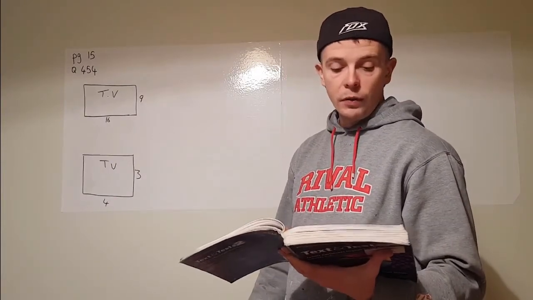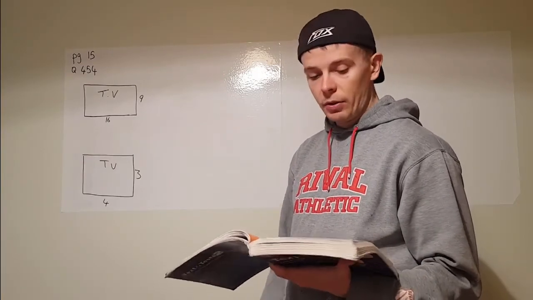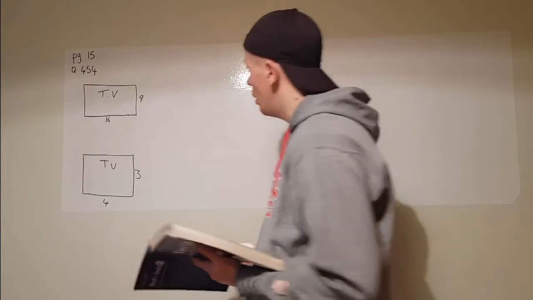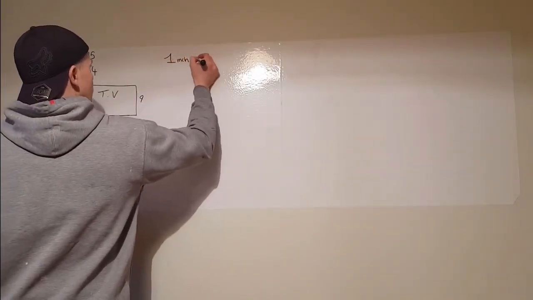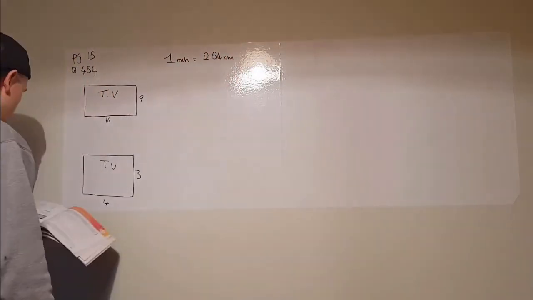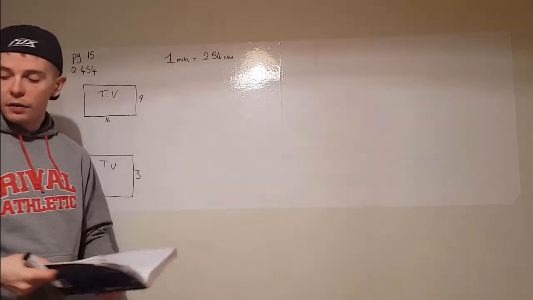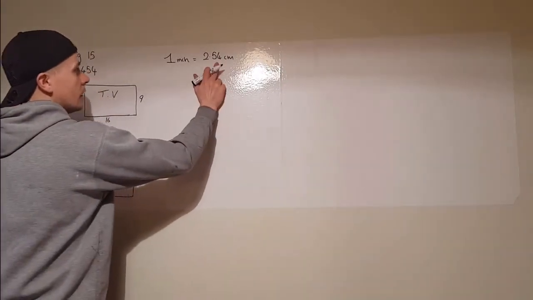We're told, first of all, to convert 40 inches from inches to centimetres. And we're told that 1 inch is equal to 2.54 centimetres. Okay, so 1 inch is this.